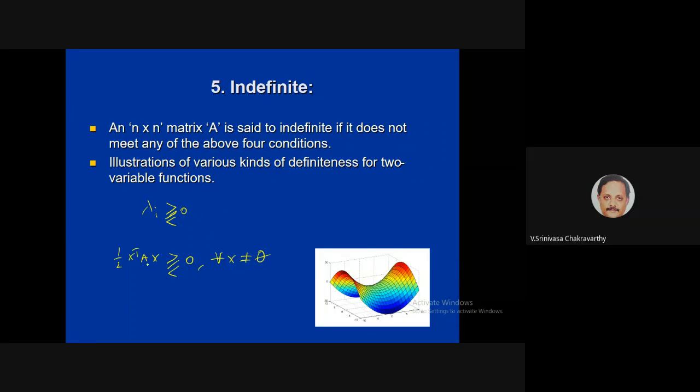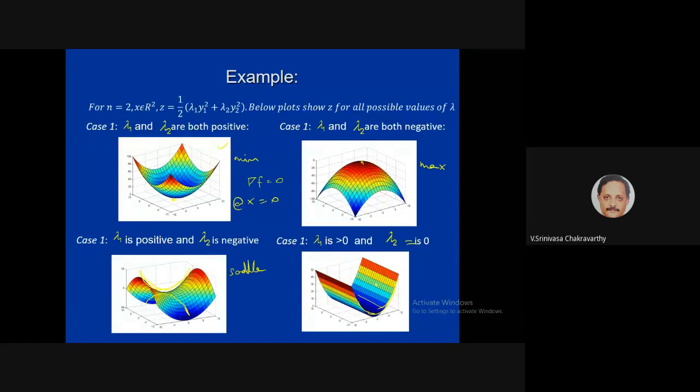Then naturally, the expression also can be positive, can be negative, or can be zero, for all x not equal to zero. So this is an example of a saddle. You can see that for some values of x it is zero, some values it is positive, some values it is negative. So there's no guarantee, and then there is neither a minimum nor a maximum at that point.